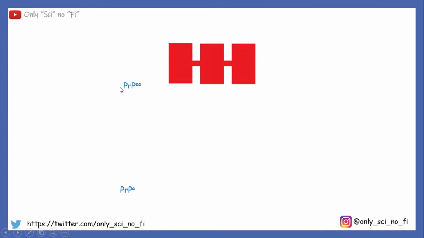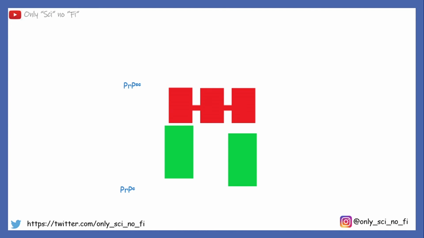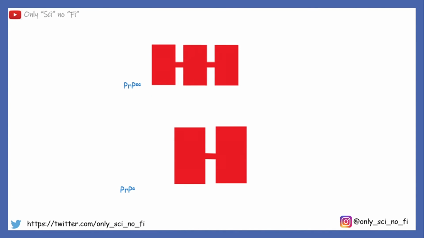There is a pool of PrPSc as well as PrPC, that is, normal proteins, in the brain. By mechanisms still unknown, these PrPSc proteins react with the normal PrPC proteins and convert them into PrPSc proteins. That is, they spread and cause misfolding of other normal proteins also.